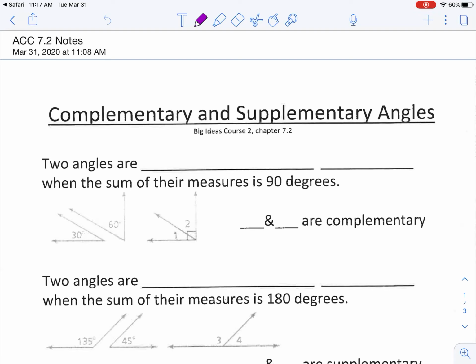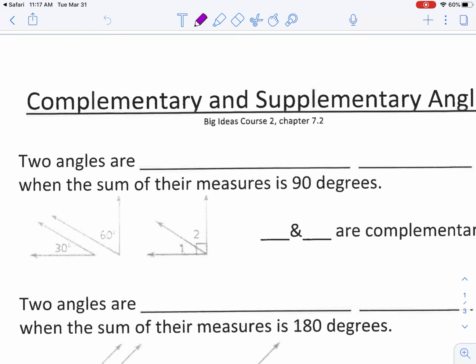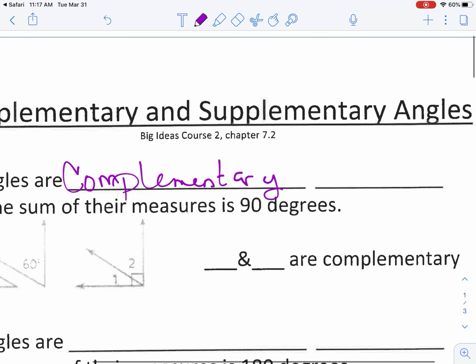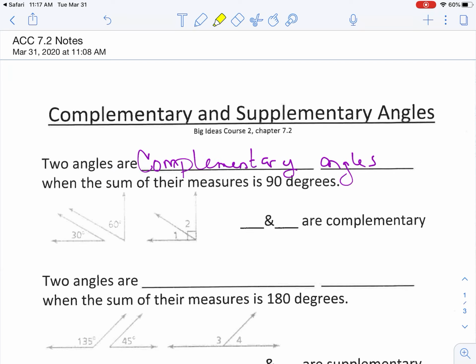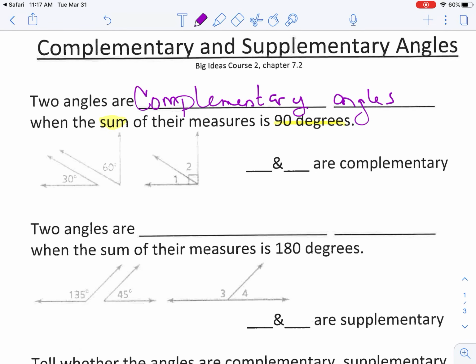Okay. We are going to say that two angles are complementary angles when the sum of their measures is 90 degrees. Two angles are complementary when their sum, when you add the two measures together and we get 90 degrees, we're going to call those complementary.